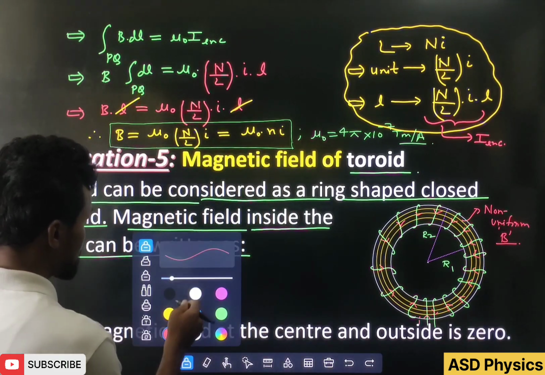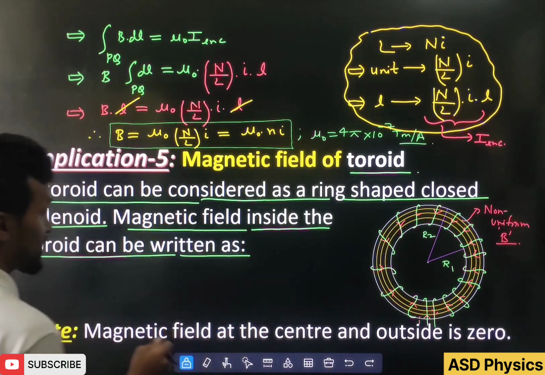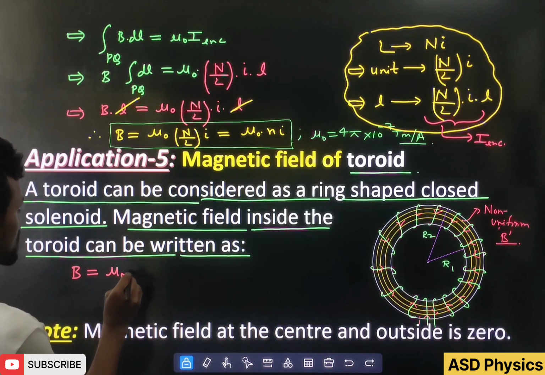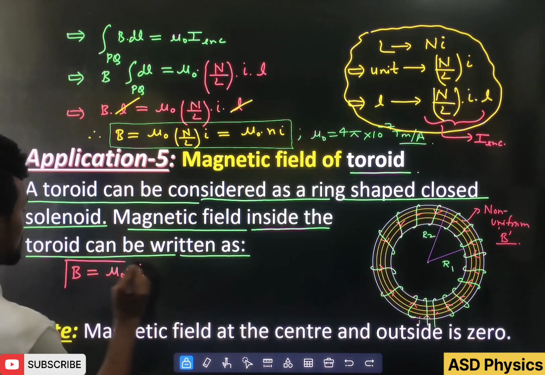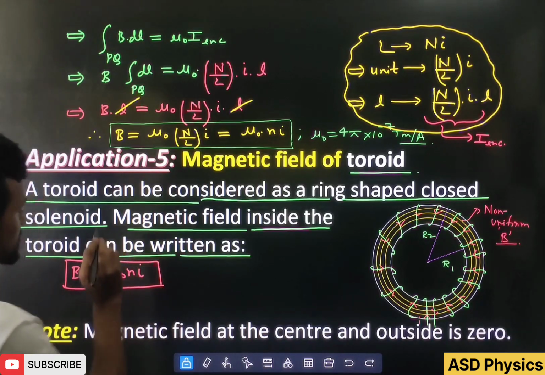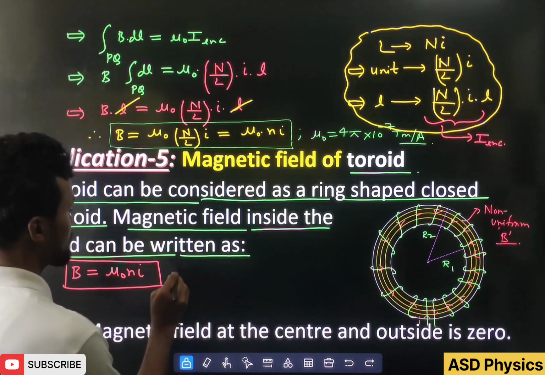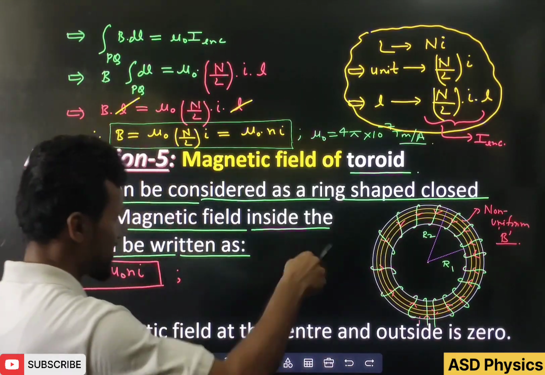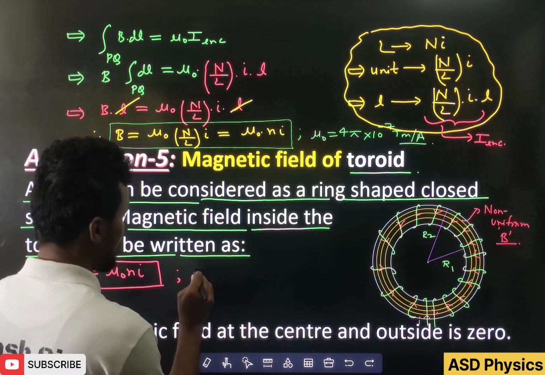Okay. And in the same way, if we write the magnetic field, it is given here B equal to same story, mu naught N I. Here also it will come same, B equal to mu naught N I, because as I have told you, magnitude wise it is same. Only the direction is getting changed. And what is N?